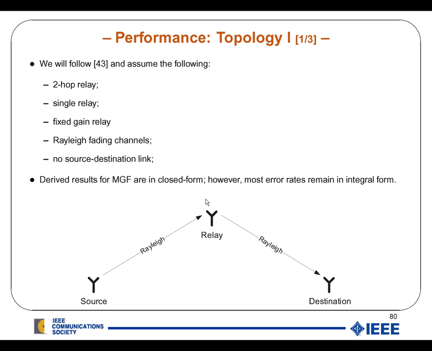It's a fixed gain relay, so it does not adapt its relay coefficient. We assume relay fading channels, and we don't assume a source to destination link. Now the results I'm going to show you are results for the moment generating function MGF. They are in closed form, but most error rates still remain in integral form, which I'll explain in a moment.